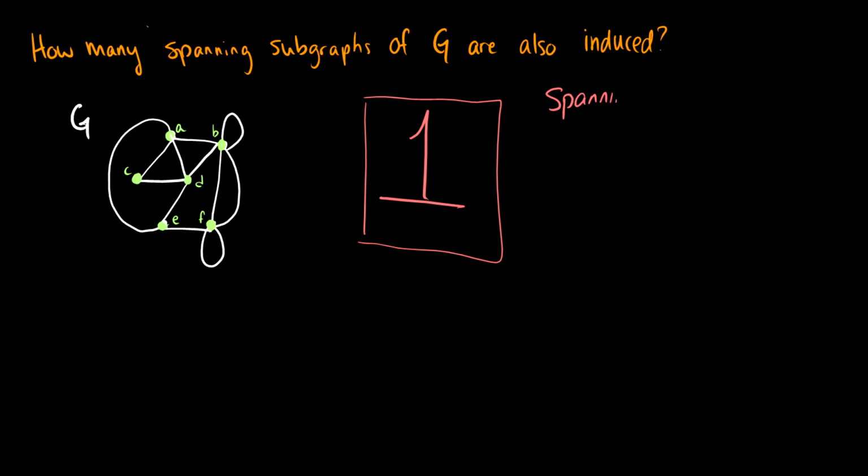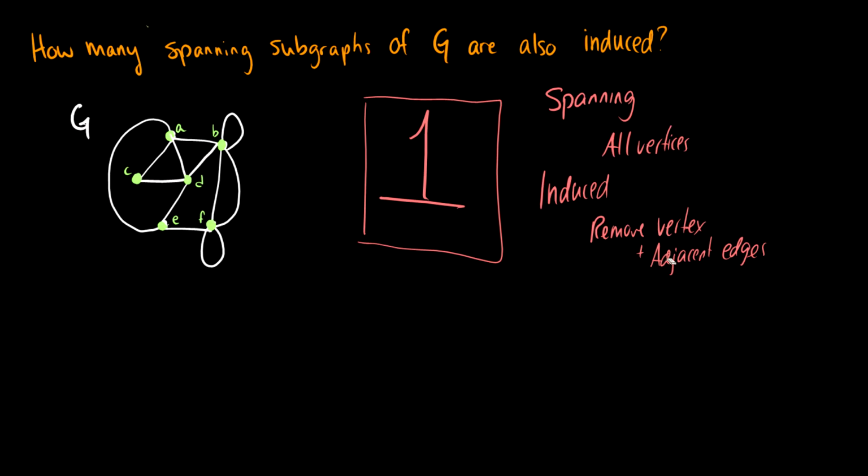Why? Because spanning says all vertices. Induced says remove vertex and adjacent edges. Well, incident edges.